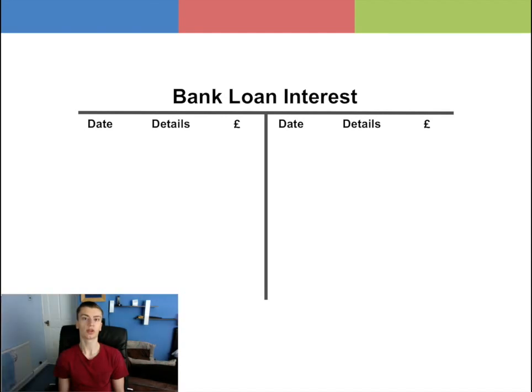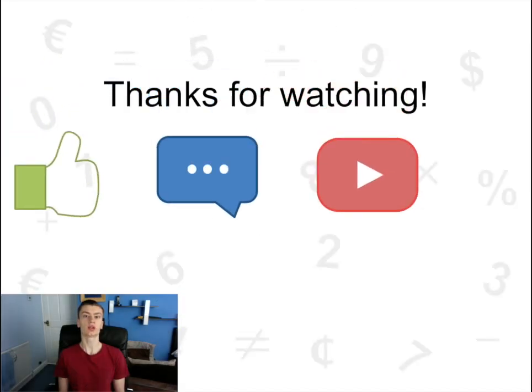Let's assume that the transaction took place on the 22nd of May 2016, which can be shown as 22/5/16. Then we will note it as bank in the detail column because that is the name of the other account that has been affected during the transaction. And finally, 15 is entered in the pound column. So that was demonstrating how to record an expense.